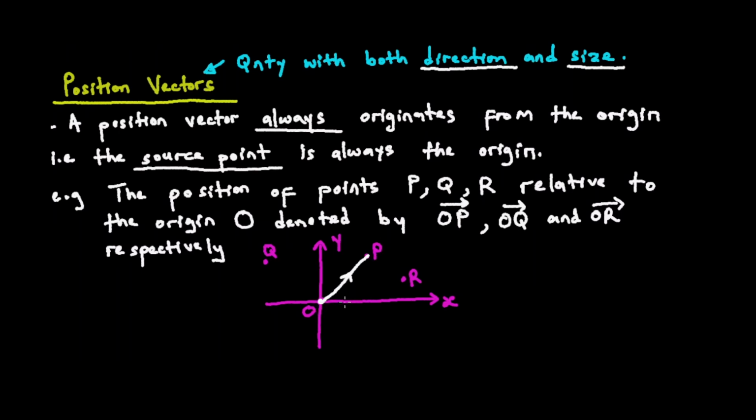Do you see? So this is the position vector OP. If we want to know the position vector of R, we start from the origin and reach R, we put an arrow, so the position vector of R is OR, as put here. If we want to know the position vector of Q, we start from O and reach Q, making OQ the position vector. So this is very important. Those are what we mean when we say position vector.